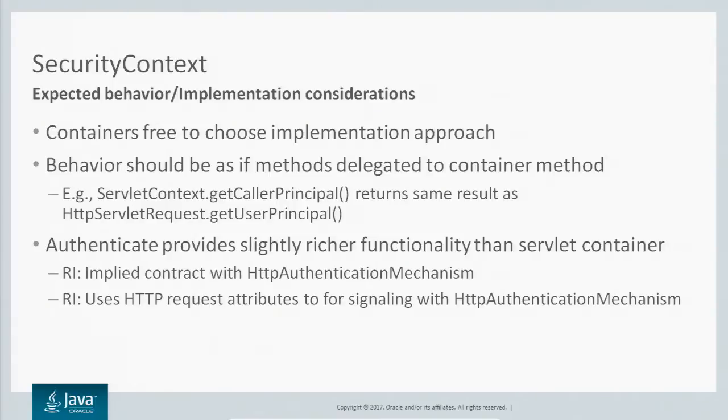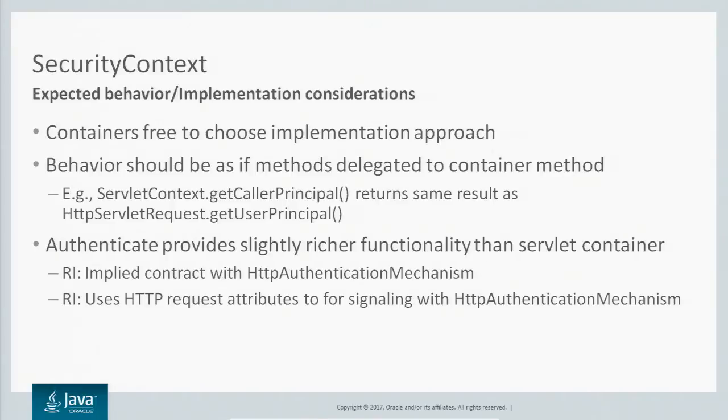So I made this point already, but containers are free to choose the implementation approach that they want to use. JSR-375 is really trying to specify the behavior in terms of what containers do now. So we're not trying to necessarily, at least with these methods, define new behavior, but define a consistent interface to existing behavior.